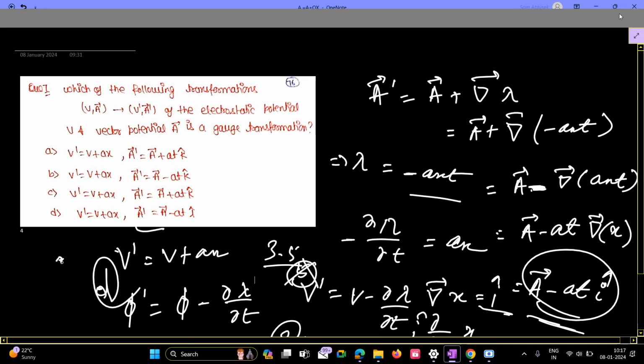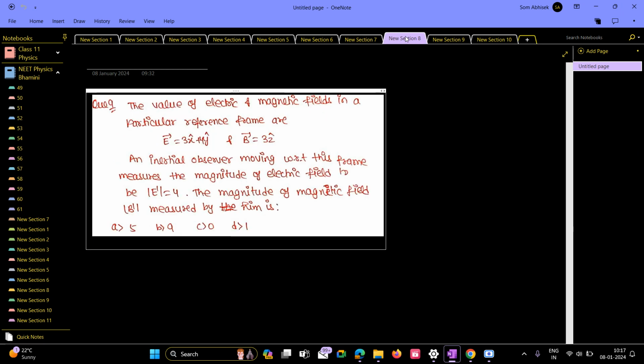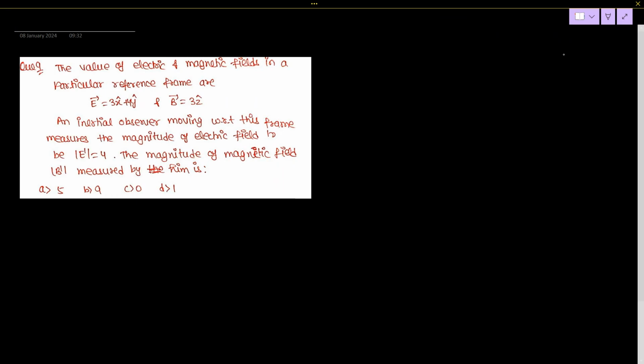Okay, next question. Question number 8. The value of electromagnetic field in a particular reference frame is E equal to 3x cap plus 4y cap and B is equal to 3z cap. Alright.